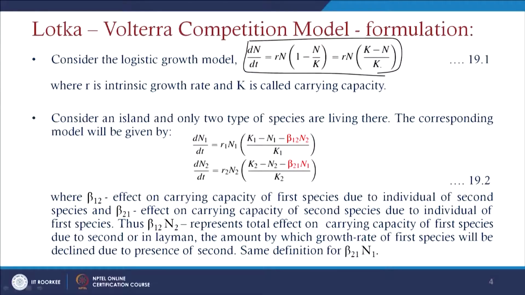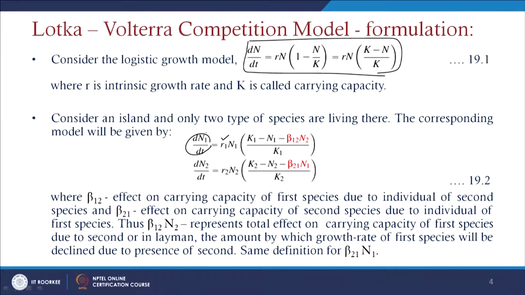If we consider an island where only two types of species are living, the corresponding model will be given by dN1/dt, where an intrinsic growth rate will be present, corresponding to the atmospheric conditions or resources available.